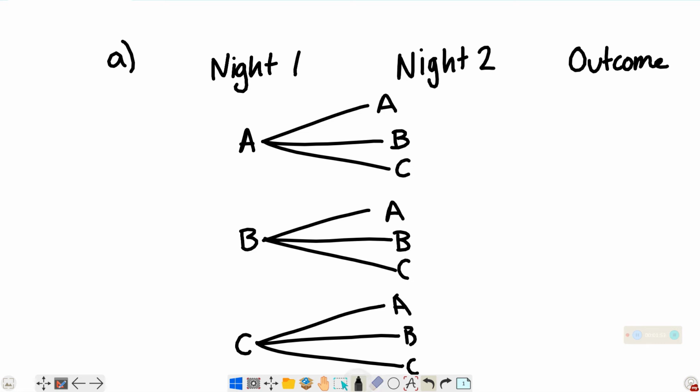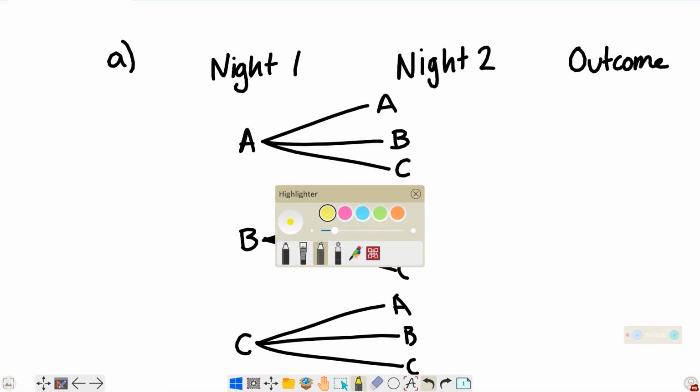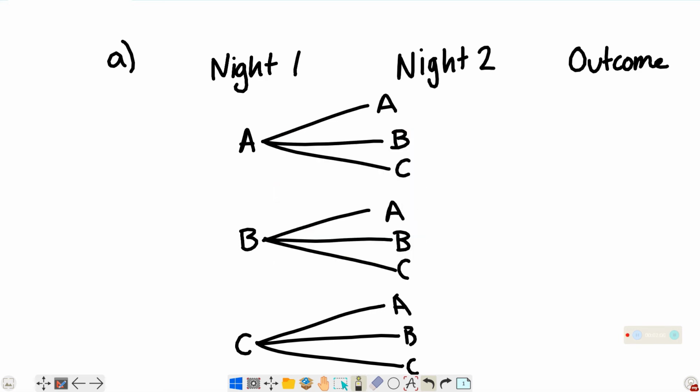All right, now we're going to look at the outcomes. The outcomes are each branch. So AA is one outcome.